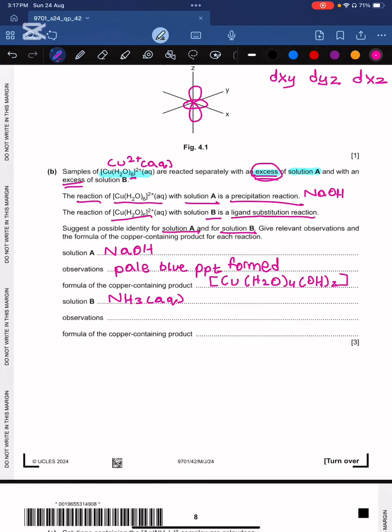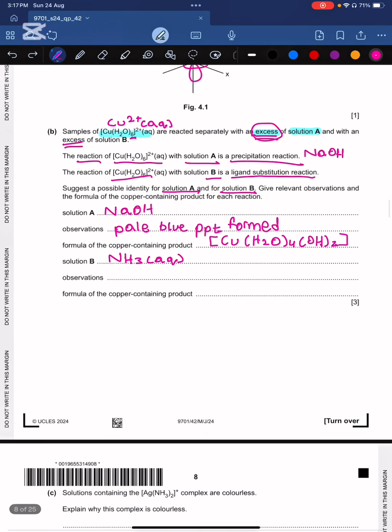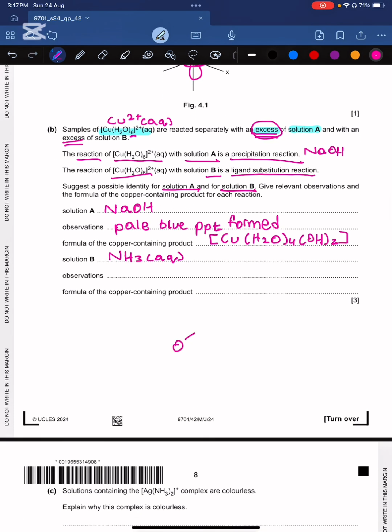What happens here? When I have aqueous sodium hydroxide, I have hydroxide ions, which means OH- ions. Now I have Cu(H2O)6, which means copper surrounded by six water molecules.